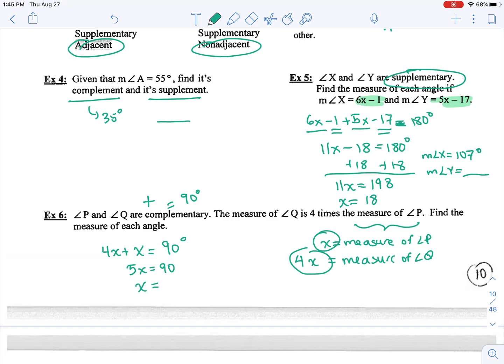X therefore is equal to 18. They wanted me to find the measure of each angle, so x is 18 degrees. The measure of angle Q is 4 times 18, so 72. The measure of angle Q equals 72 degrees, while the measure of angle P is equal to 18 degrees.